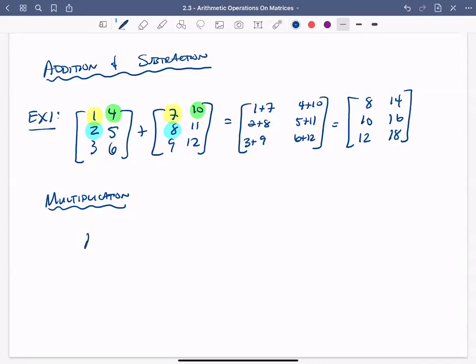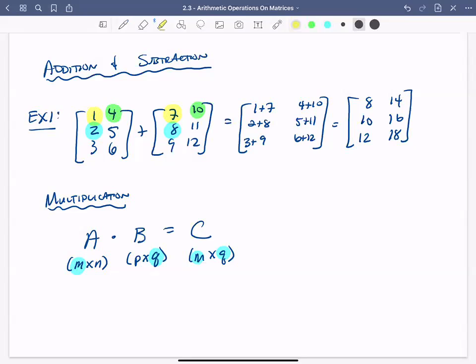If I said matrix A times matrix B, that'll give us matrix C, arbitrary. Let's say that matrix A is M by N, and matrix B is, let's say, P by Q. When we multiply these two matrices together, we're going to get a matrix C, which is M by Q. You can see where those numbers come from: M and Q. Now, there's another thing you have to know.